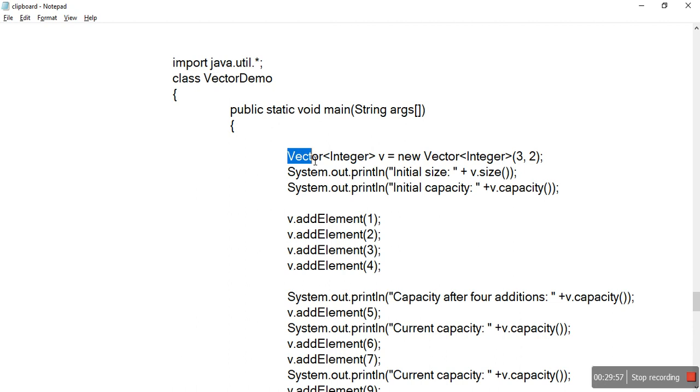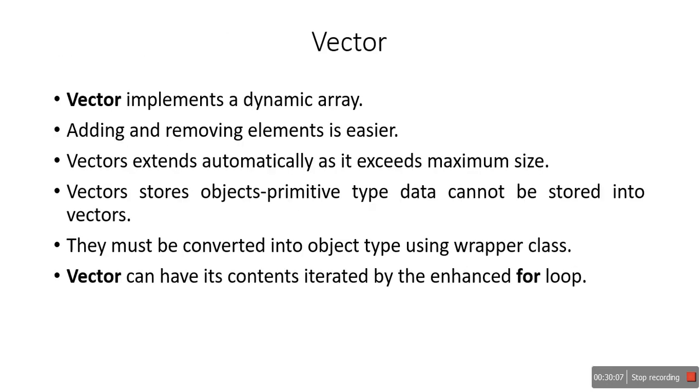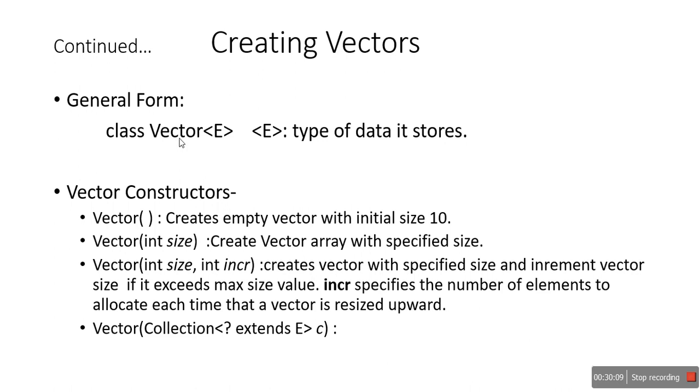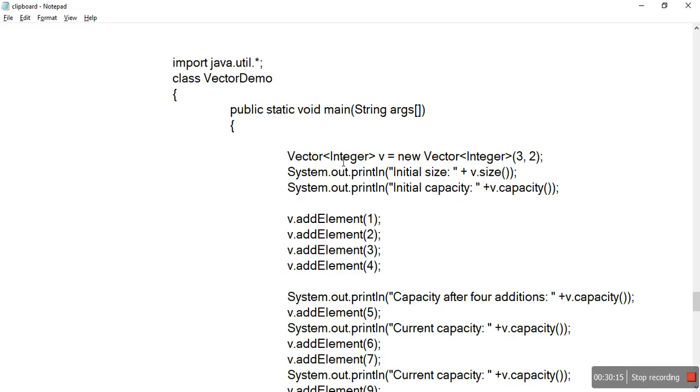See here, we created a vector v of type Integer. As I said at first, in Vector<E>, E denotes the type of data it stores. In this program it stores integer type.